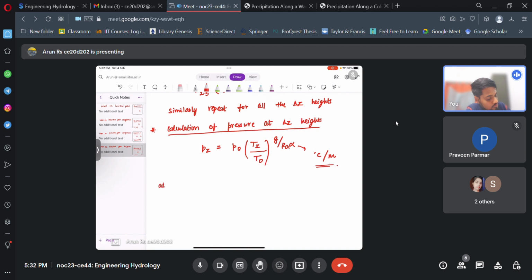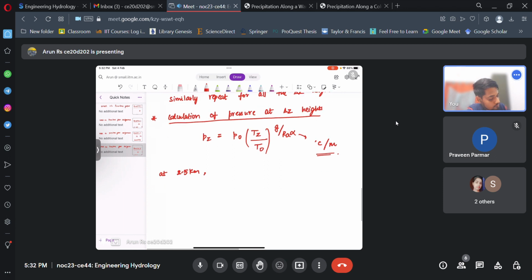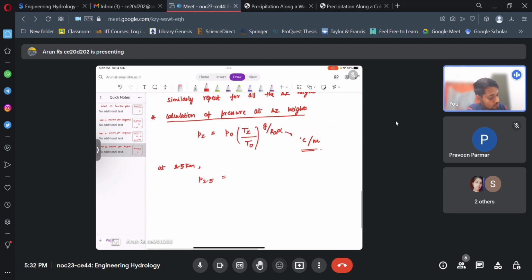So at 2.5 kilometer height, your ground pressure is 101.3 kilopascals, and the temperature is in Kelvin.